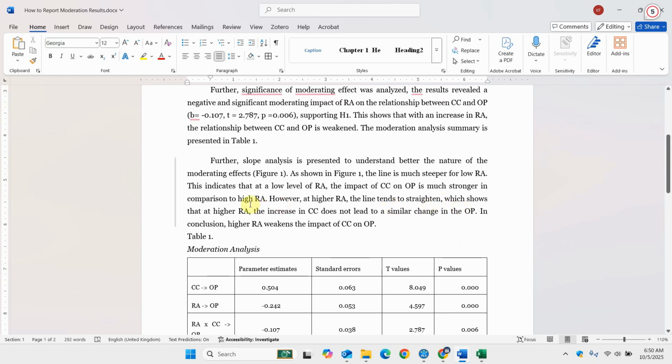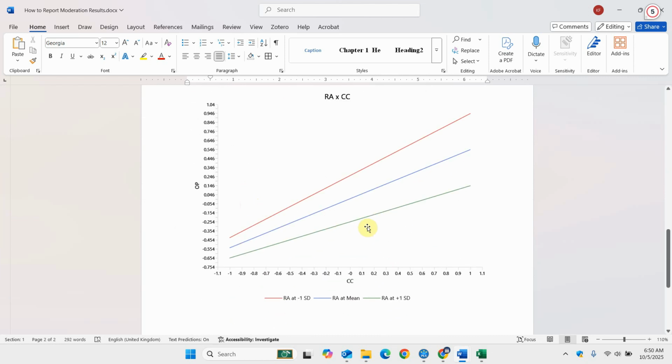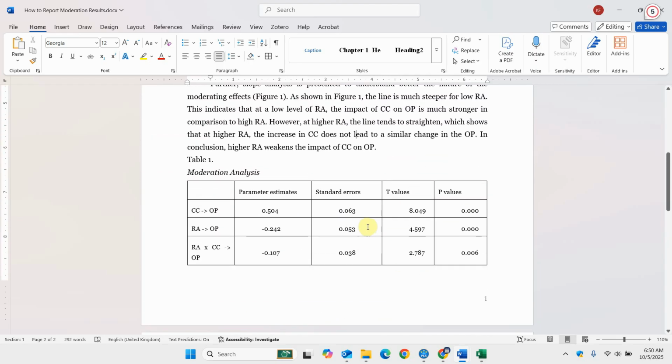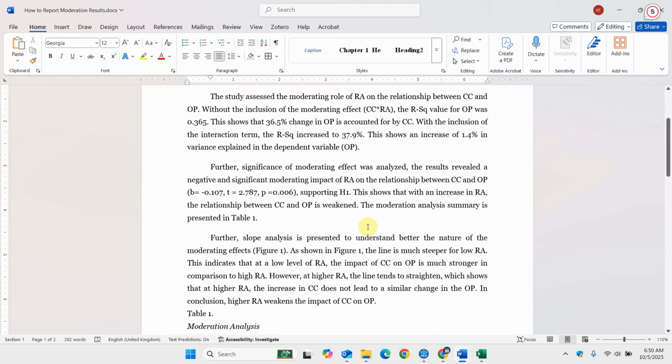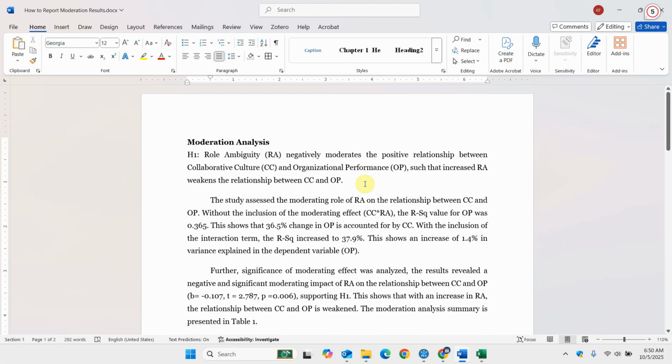If you increase CC at higher role ambiguity, it does not lead to a similar change in organizational performance. So this is how you can run moderation analysis in SmartPLS when using the CB-SEM model, and this is how you can report your results. Thank you very much.